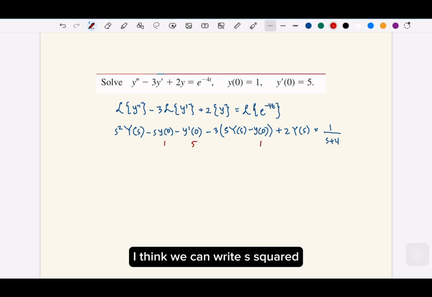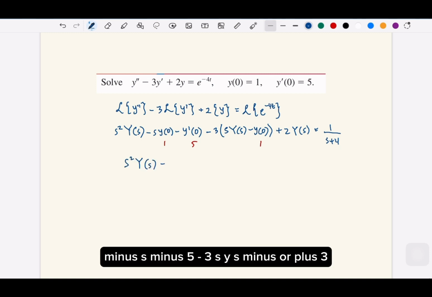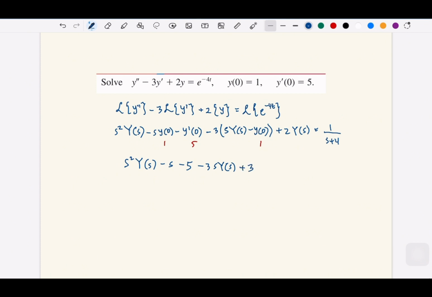Okay, I think we can write s squared Y(s) minus s minus 5 minus 3 s Y(s) plus 3, and then plus 2Y(s).